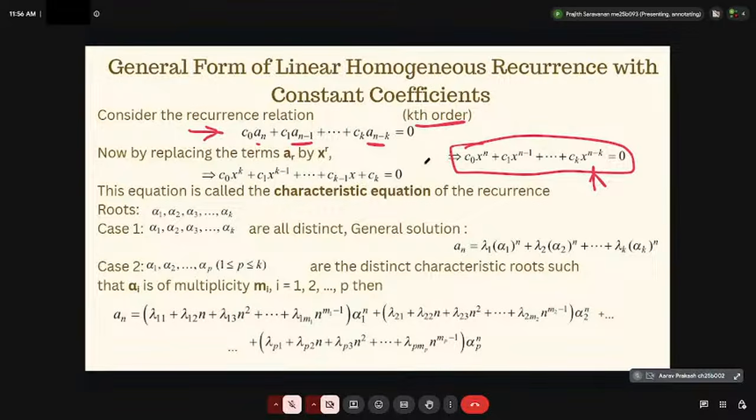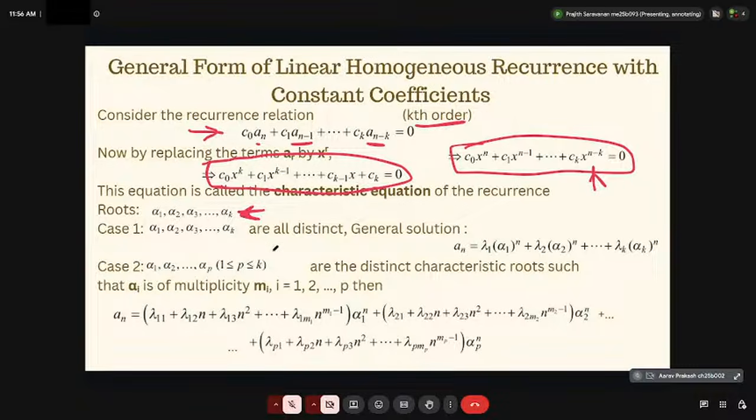We'll get this equation, which is called the characteristic equation of this recurrence. This characteristic equation will have k roots.